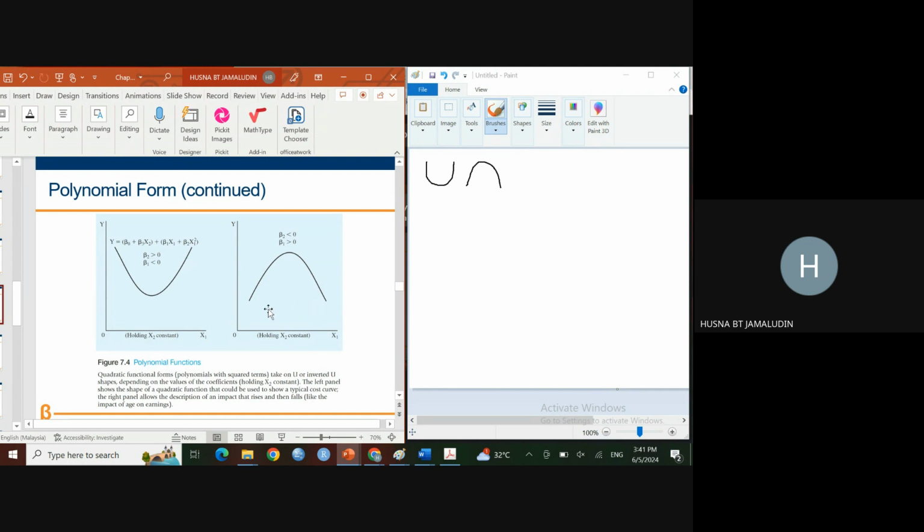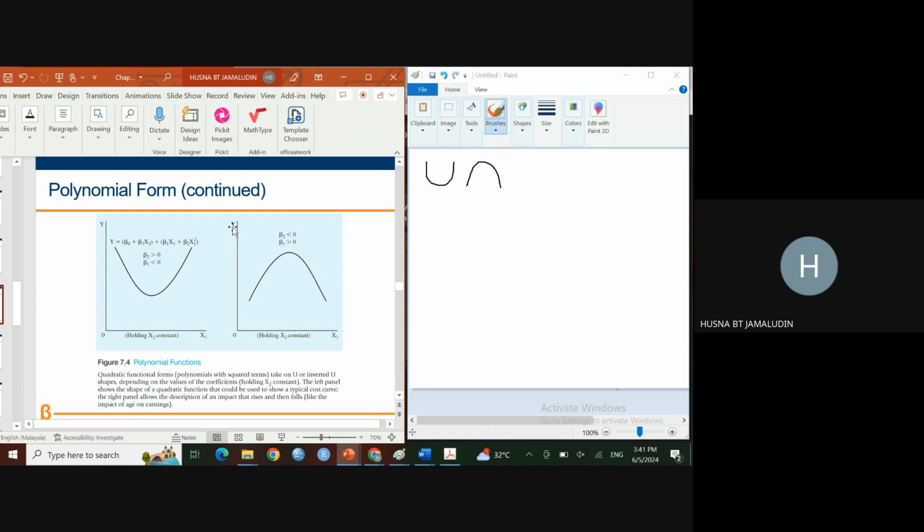So when you talk about the environmental Kuznets curve or Kuznets curve, you're going to have this inverted shape. Normally your y-axis refers to your income, while your x-axis refers to your pollution produced. So it says that in the beginning stage, you are in the agricultural sector, so your income is actually very low.